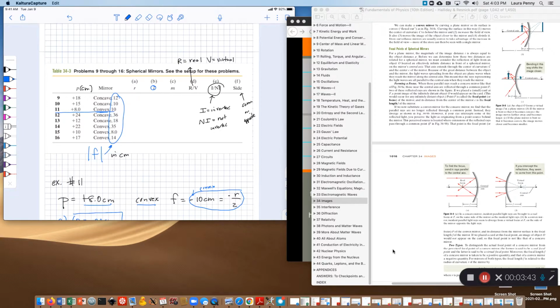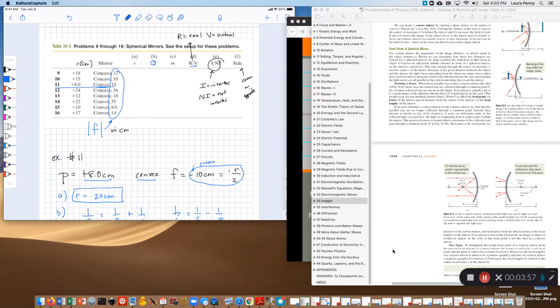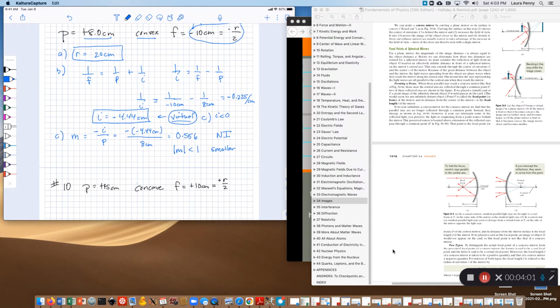So when I look up here, where it says part C, I got the magnification, but then it says, is it real or virtual? It's virtual because I is negative. It says, is it inverted or not inverted? It's not inverted because m is greater than 0.